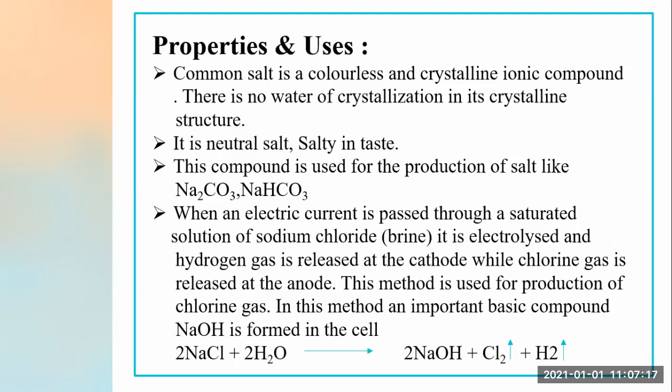Now, the next point: when an electric current is passed through a saturated solution of sodium chloride, brine, it is electrolyzed and hydrogen gas is released at the cathode while chlorine gas is released at the anode. This method is used for production of chlorine gas. In this method, an important basic compound NaOH is formed in the cell.